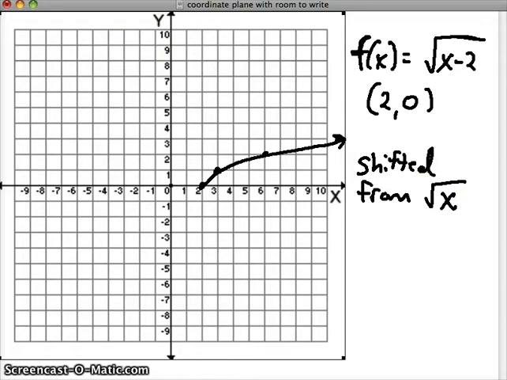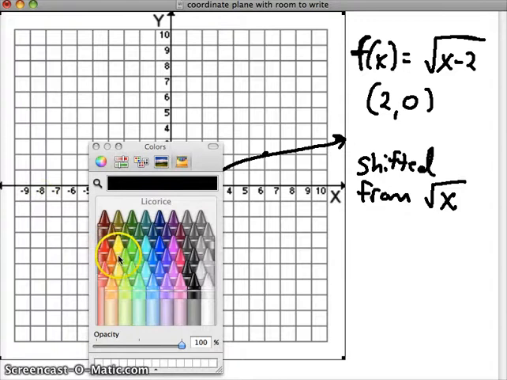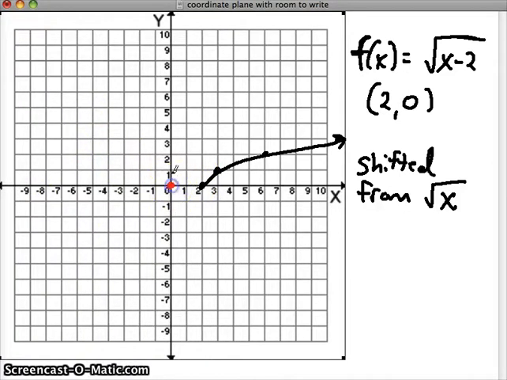Alright, so if I was to graph that original, let me make the original in red. Let's start at the origin, go up 1 over 1, up 1 over 3, and up 1 over 5. 1, 2, 3, 4, 5.